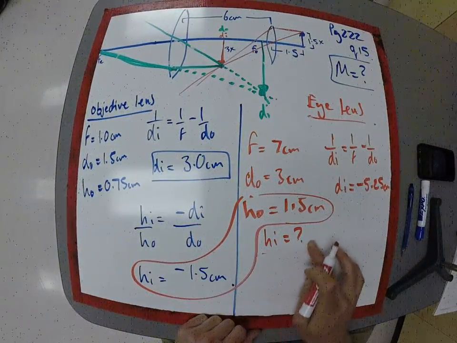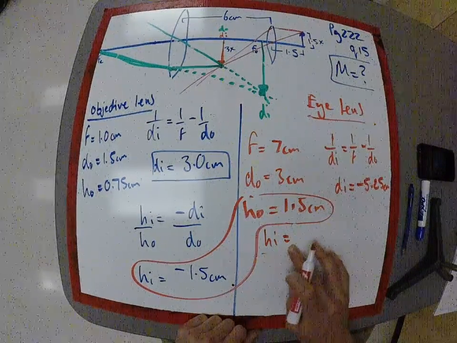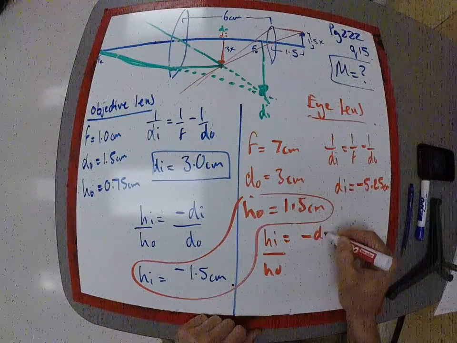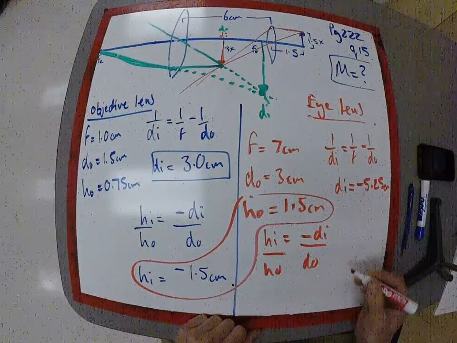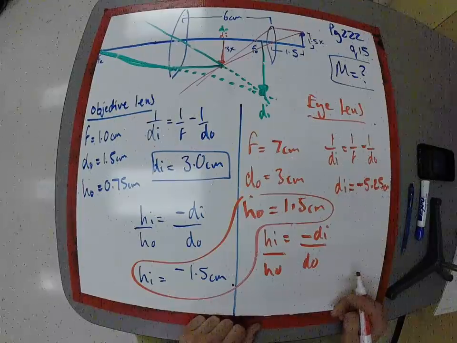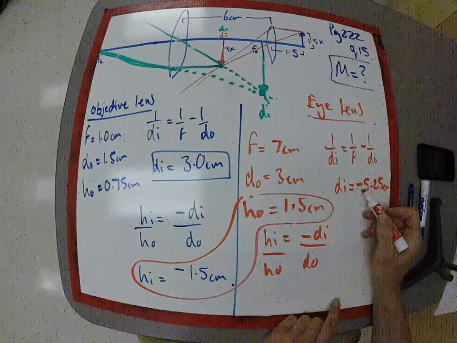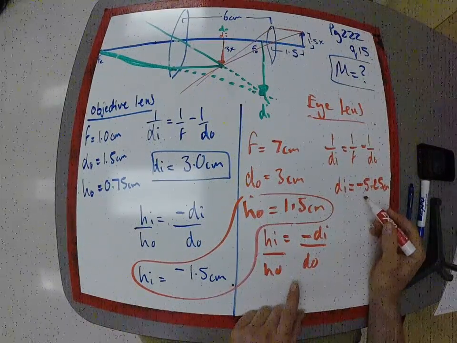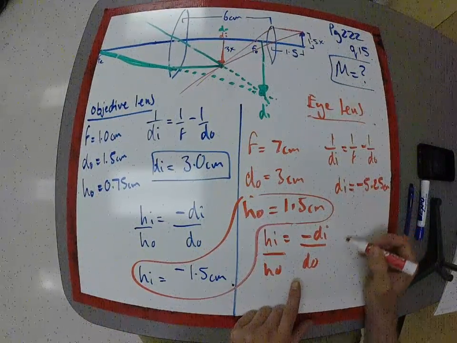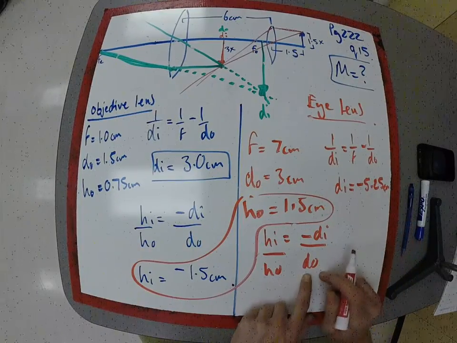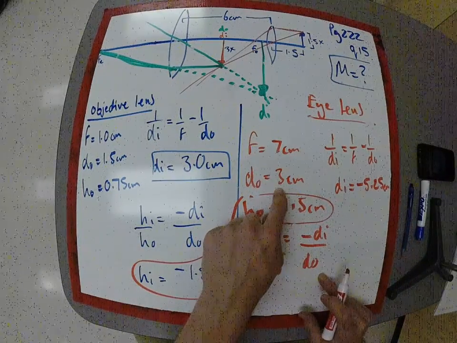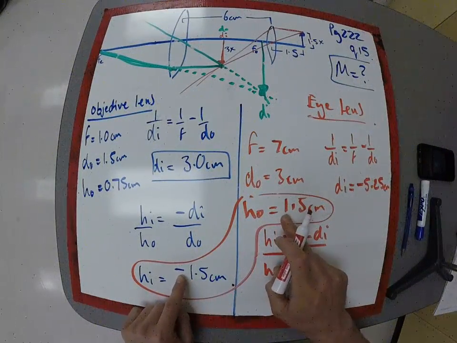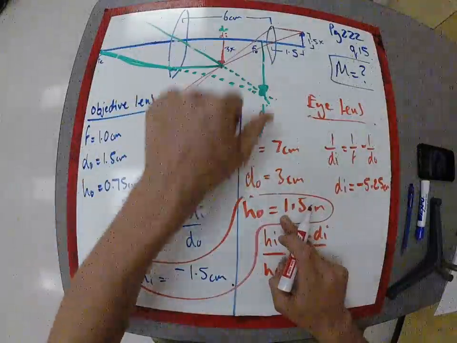Now it's a case of solving for HI, and of course I know that HI over HO is equal to negative DI over DO, and I've got to make sure that I keep my negative sign in there for DI. So this is going to end up being a positive value here, negative and negative. My DO, I'm going to keep that as a 3, and this 1.5 I'm going to get rid of the negative sign like I've done here, because these are in the same orientation.